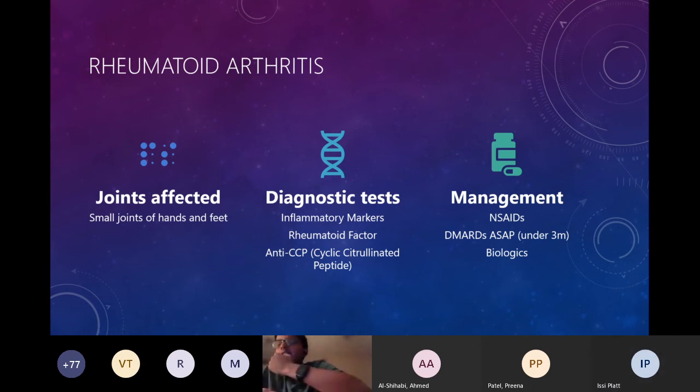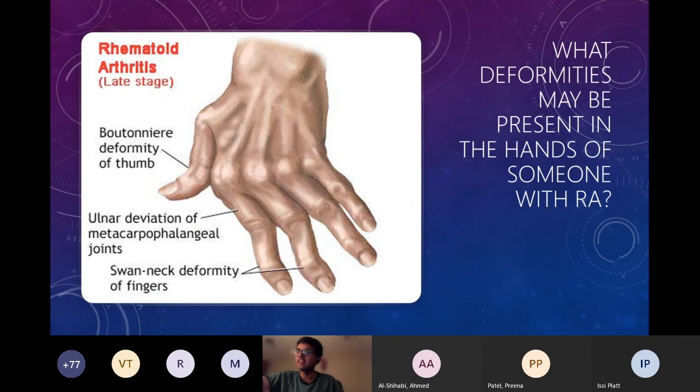People who have large joint involvement tend to score lower on the DAS28, which means rheumatoid arthritis is less likely. A cutoff of 6.1 despite DMARDs is an indication for biologics, but we'll talk about that later. And yeah, management: NSAIDs, DMARDs, biologics. By the way, these are the answers to almost every condition in rheumatology, so I'm not going to ask you again.